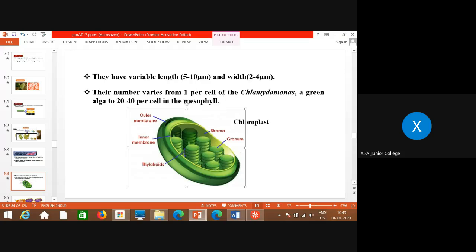But in case of mesophyll cells in plants, 20 to 40 such chloroplasts are present. So that is why only a range is given, the number varies, shape also varies, length and width also have a range, and vary from cell to cell. Just like mitochondria, in chloroplast also the size, shape and number vary from cell to cell.